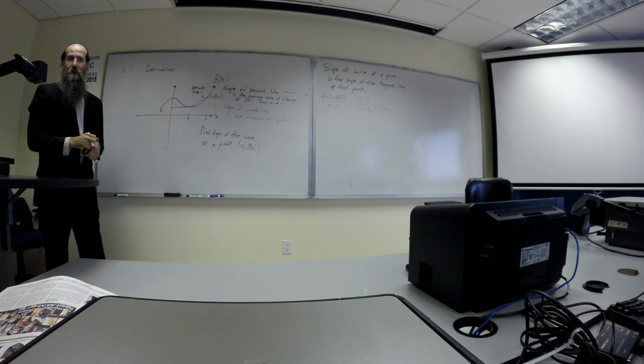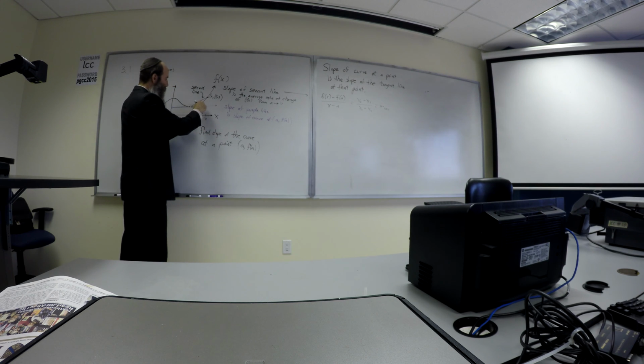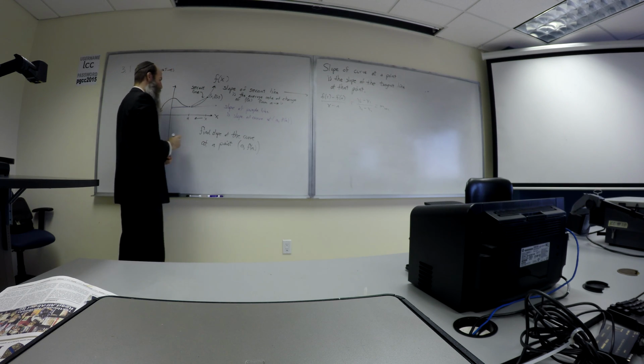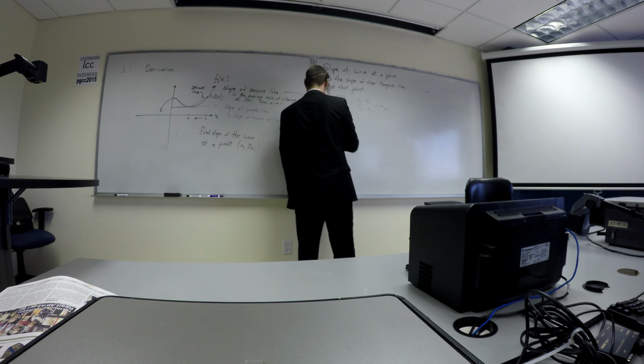Agreed? And we could just keep pushing and pushing. What am I pushing? As I push this dot down the curve, what I'm really doing is pushing x closer to a. So what I want to do is take the limit as x approaches a. So that is called a derivative.